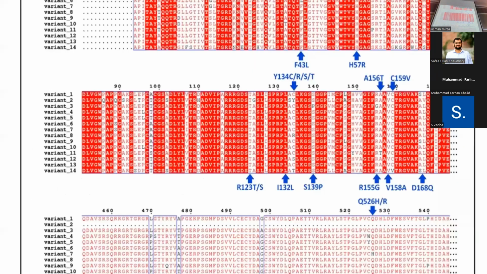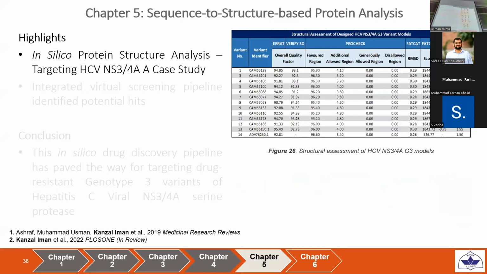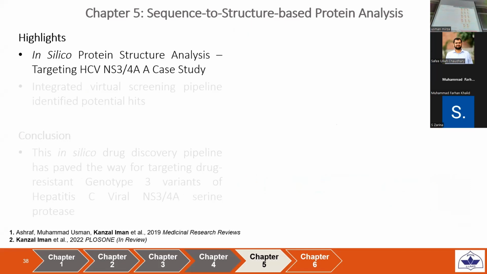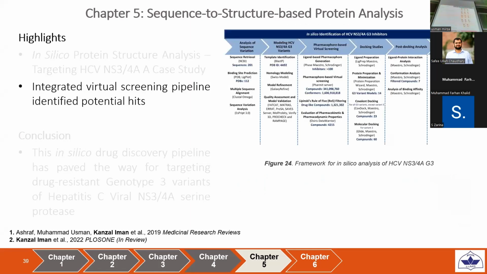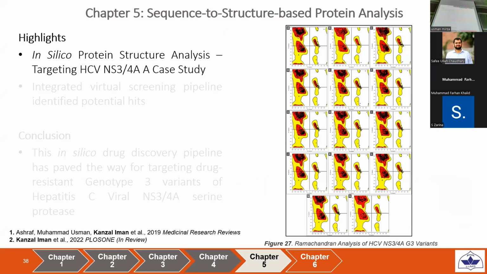As can be seen here, 2 mutations were identified within the catalytic triad, and 14 mutations were overall analyzed. These 14 mutations were incorporated one each into a variant, and as a result, we have 14 variants, which were then used for further analysis.